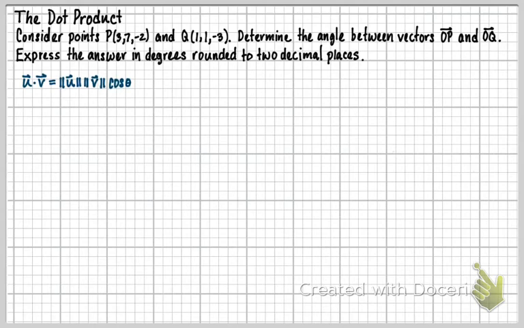Another thing that's interesting about this problem that you may have not picked up on is the vector OP, because all they did was give us 2 points, and they want us to get 2 vectors from those 2 points. So what O represents, and this is something you may have not known, O represents the origin.